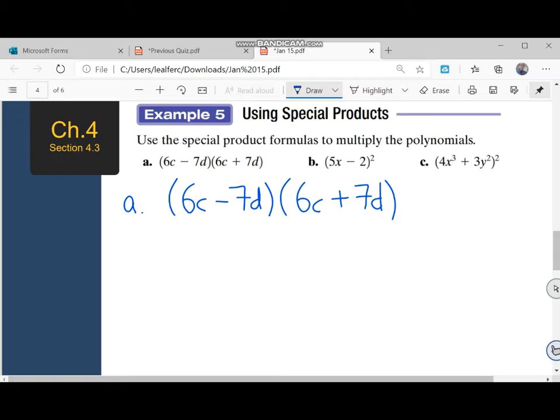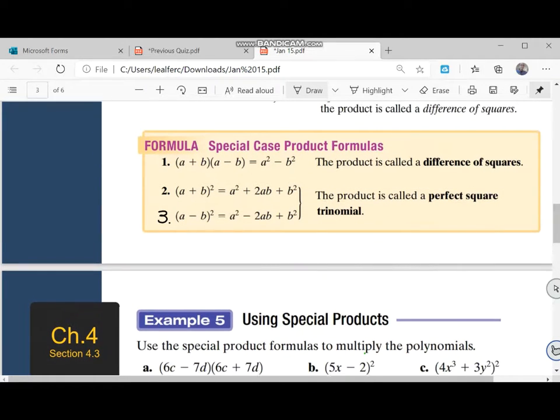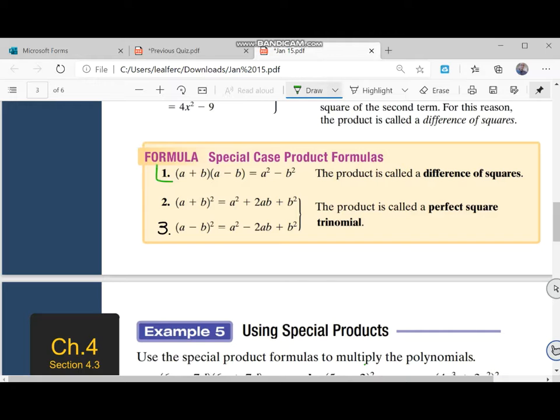Look at this. 6C is going to be the A of the formula. 7D is going to be the B in the formula. See? Because we have 6C again on the other side, and 7D again on the other side. Check what case this is, number 1, 2, or 3. You're going to see this is number 1, and the answer is going to be a squared minus b squared.